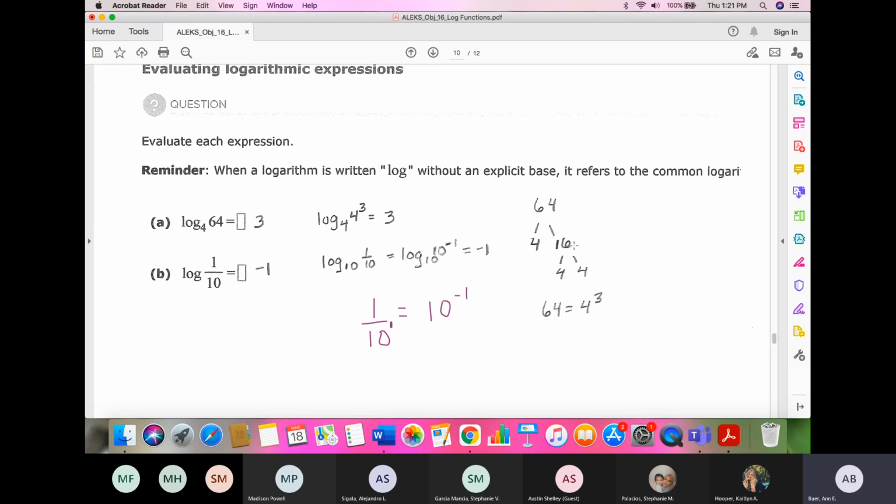So 64 is 4 times 16. 16 is 4 times 4. So we can rewrite this 64 as 4 times 4 times 4. That means we have 3 of these 4's multiplied together.